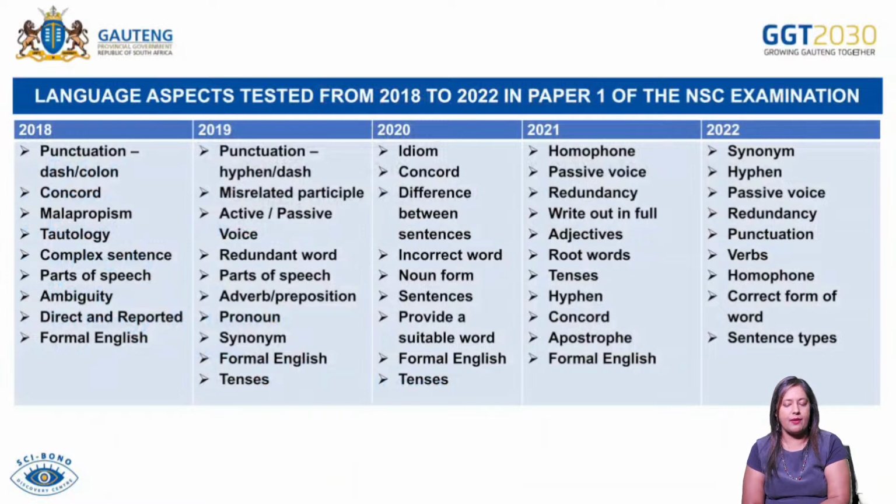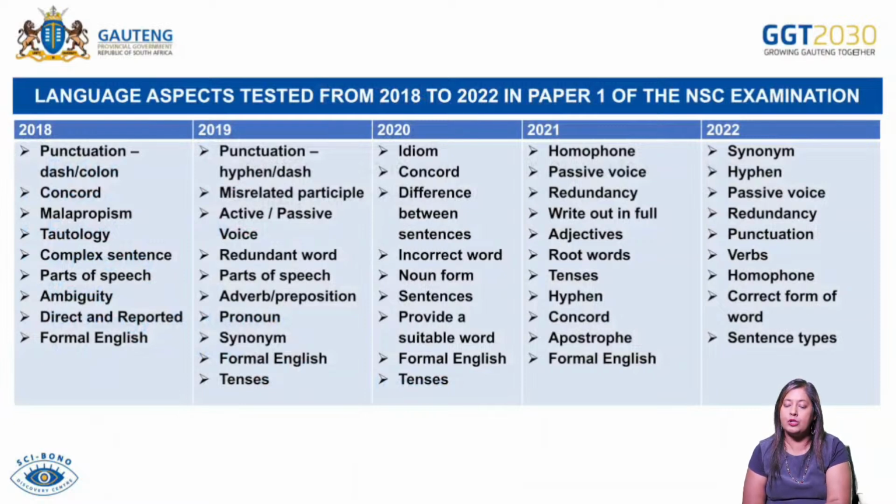So here's a comparison from the 2018 paper all the way to 2022. If you go through this diagram, grade 12s, you would be seeing the kind of concepts that you have to be familiar with. We don't know what's going to come out in question 5 in terms of the language structures.